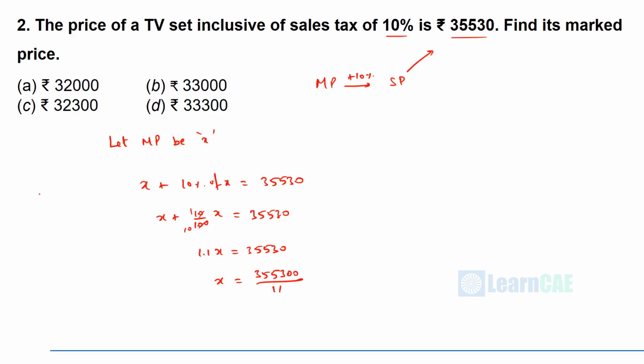Now let us divide 3553 by 11. 3 11s are 33, balance is 2, 5. 2 11s are 22, 3, 3. Again 3 11s are 33. Therefore, this will be 323 followed by 2 zeros. Therefore, marked price is equal to rupees 32300. Answer is C, 32300.